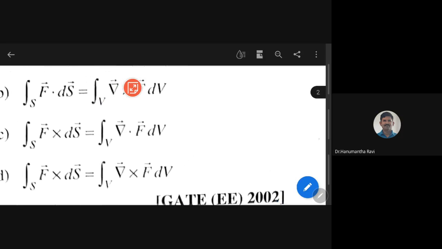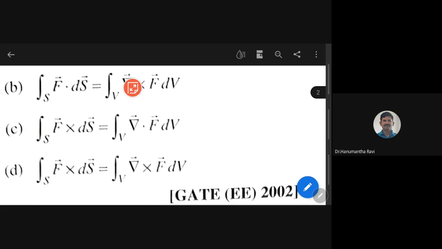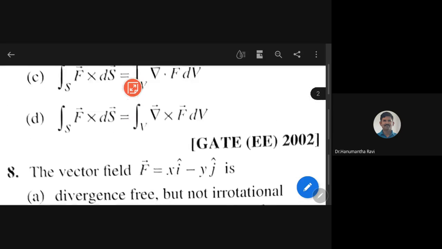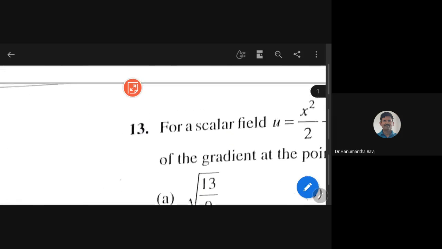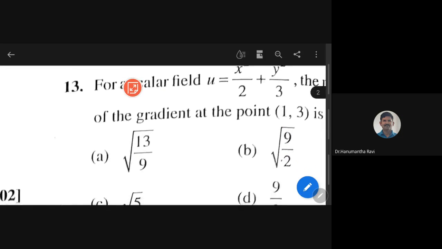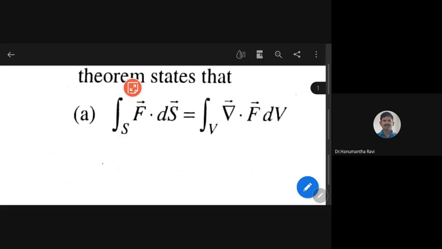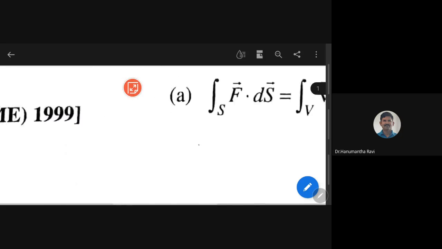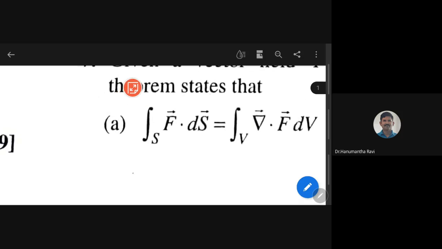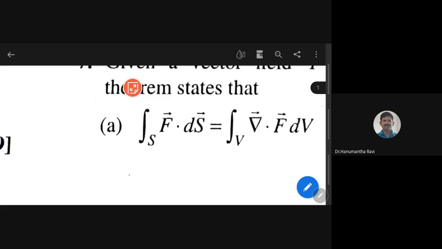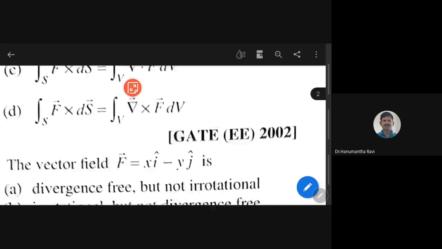C is also wrong, D is also wrong. See, here divergence is there. So the divergence theorem means surface integrals to volume integrals of divergence of F bar dv, that is A, the correct answer.